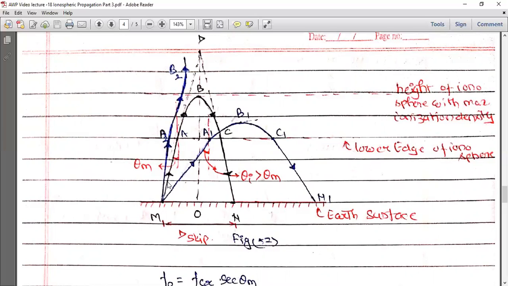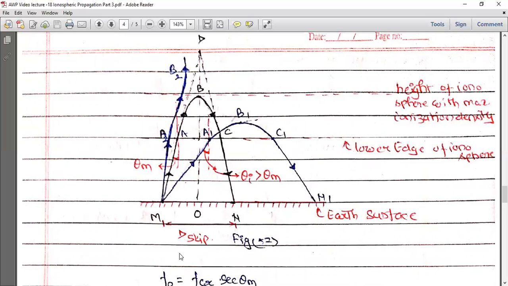So for any particular frequency, if you consider this frequency to be the maximum usable frequency, and obviously it should be greater than the critical frequency, then there exists a particular angle of incidence below which the frequency will not reflect back, and above which it will always reflect back and be received at the Earth station at a point beyond this particular N, but never in this region between M and N. So it is not possible to establish any communication link between M and N, and that's why this range, in which communication cannot be established, is known as escape distance.